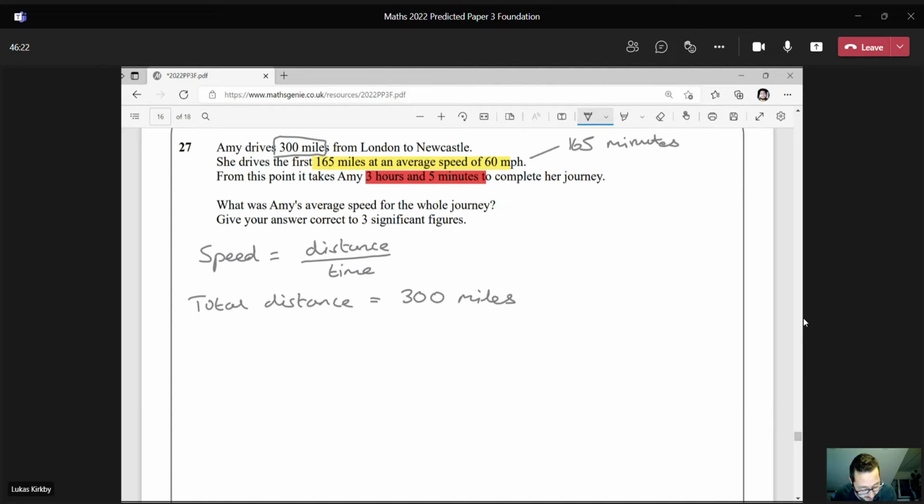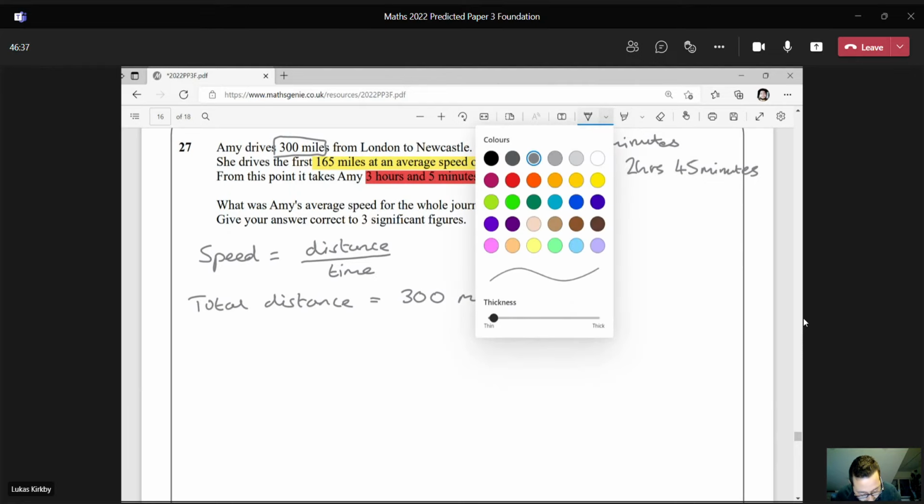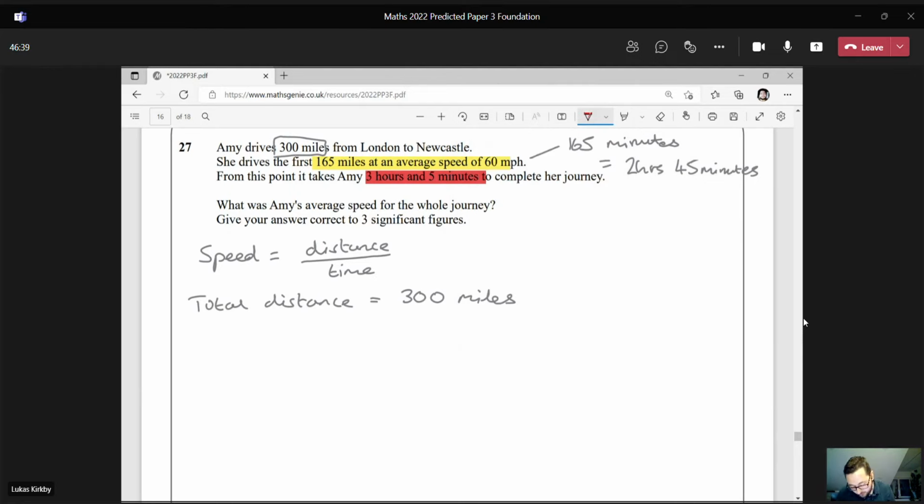Okay, and that is going to be, well, 1 hour is 60, 2 hours is 120, so this is going to be 2 hours and 45 minutes. Okay, so now then, we can definitely look at the total time. So the total time is going to be 2 hours 45 minutes plus 3 hours and 5 minutes for the second part.